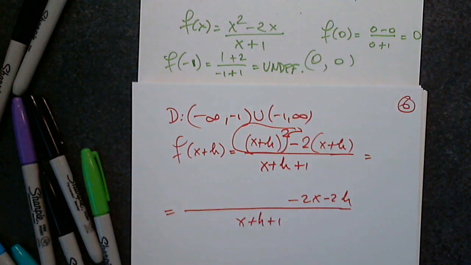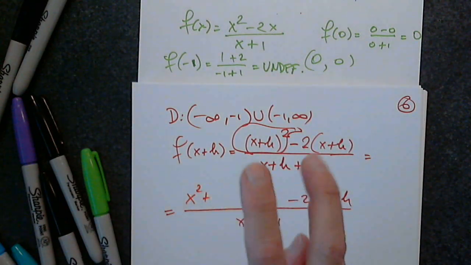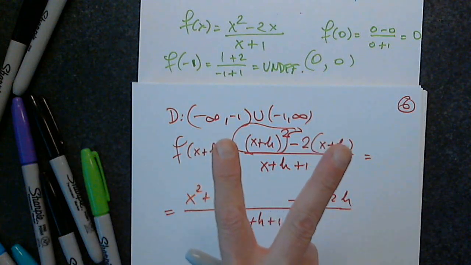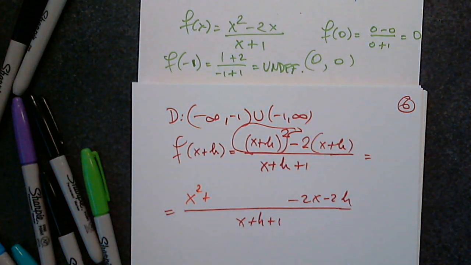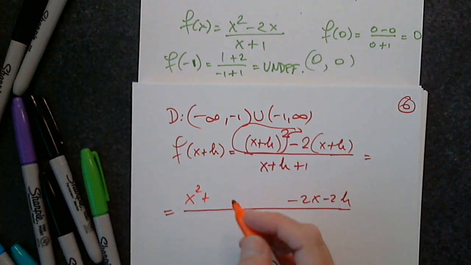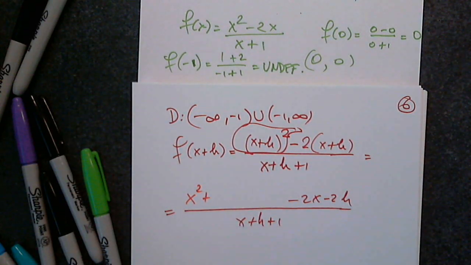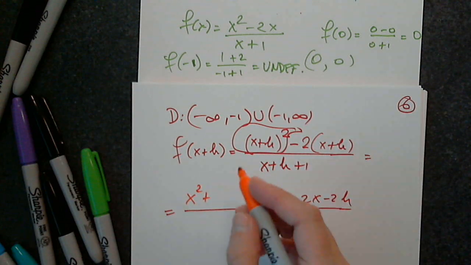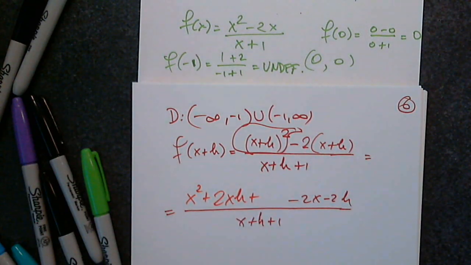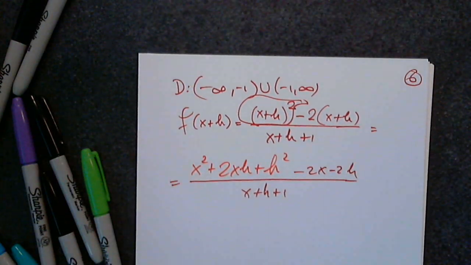So please give me those 3 terms. Excellent. Those 2, right? 2 times the first times the second. We did that. Please remember, 2xh and plus h squared. Yes. Good. There is nothing else we can do. This is it.